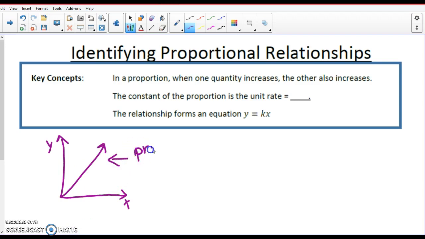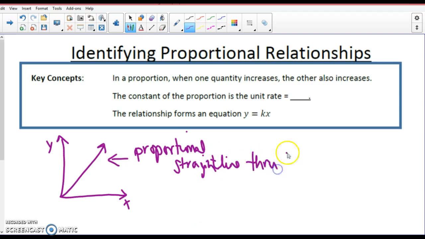A proportional relationship is a straight line through the origin. That's what they look like. A straight line through the origin. And when one quantity increases, so does the other. So as X is getting larger, so is Y.